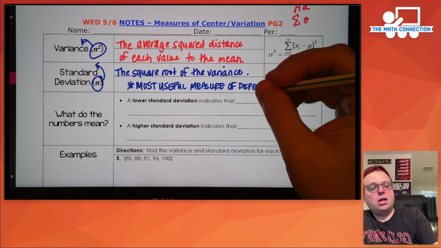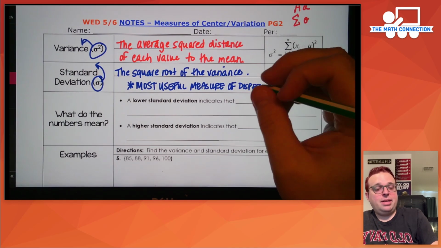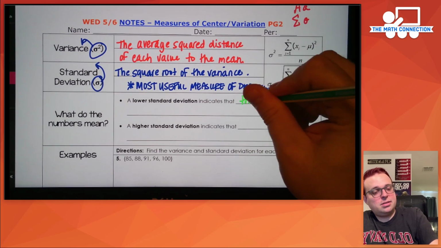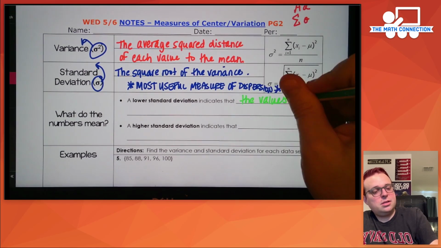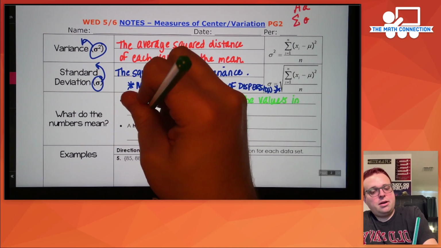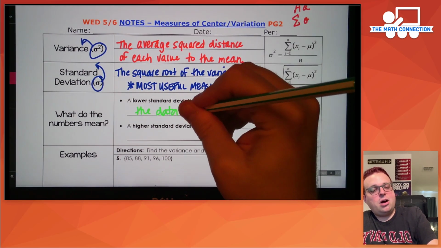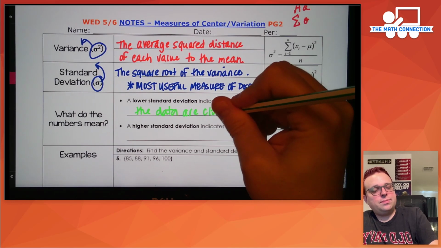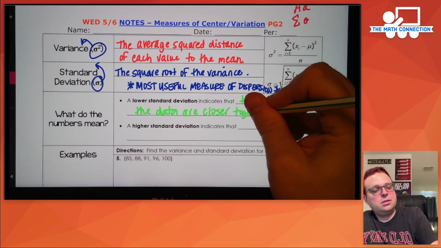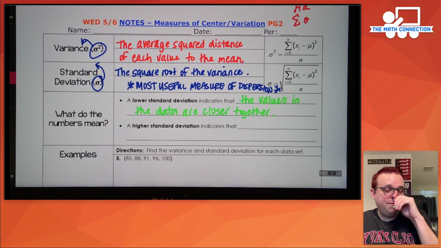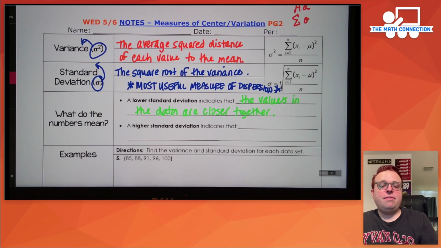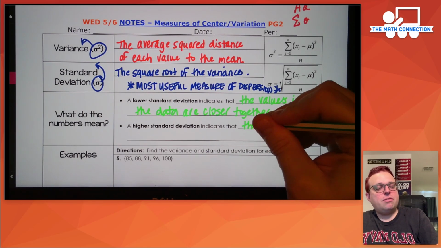Because if you have a low standard deviation, that means the values in your data set are closer together. And the higher the standard deviation goes, the further the values are from each other.